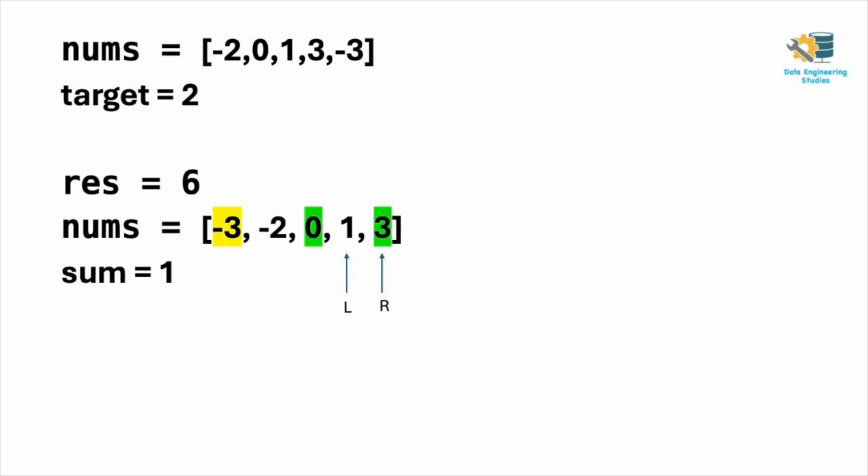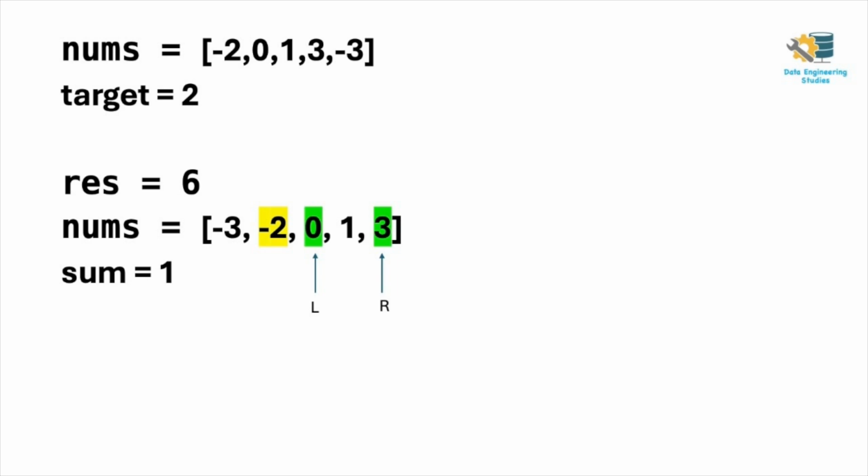Now we will increment the left pointer. The left pointer and the right pointer are in the same position, so the left pointer is not less than the right pointer. Hence, we break the loop and go to the next element, which is -2. Then we repeat the same steps. We initialize the left pointer to the next element and the right pointer to the last element.